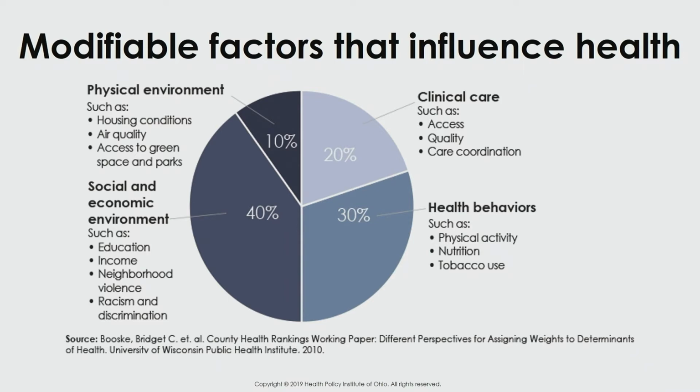Factors in the social, physical, and economic environments that impact our health. And when we're talking about health equity, we're really talking about how differences in access to resources in the clinical care, physical, and social economic environments impact health for individuals and groups.